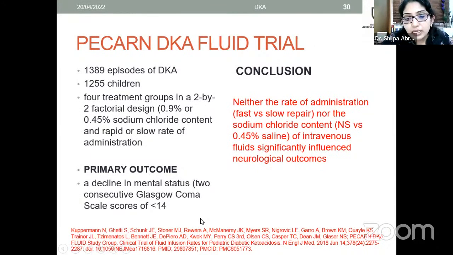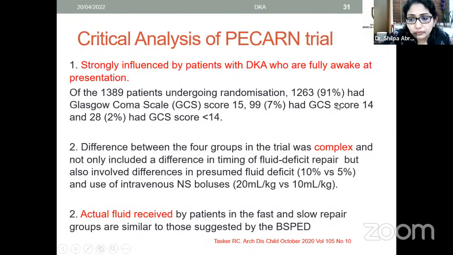And second, about 90% of their children had GCS over 14. So there were very few children who actually had a poor sensorium or were drowsy. So I would be very reluctant to use this formula, that is, as fast any fluid, in a child who is severely drowsy, in a child who has severe DKA.